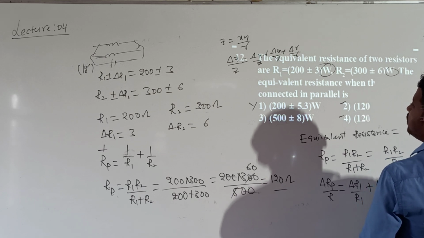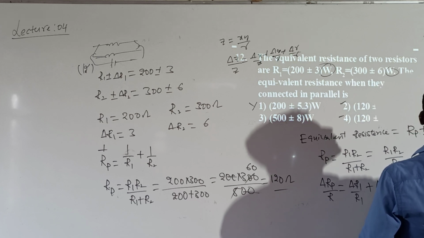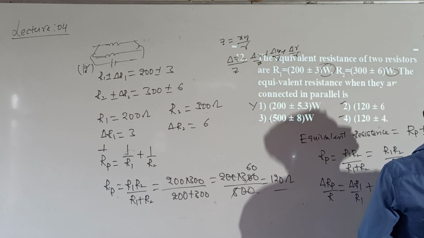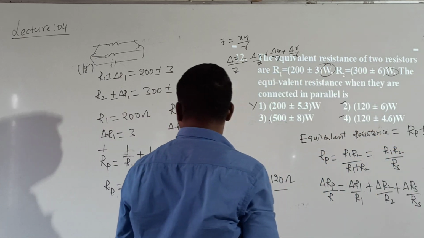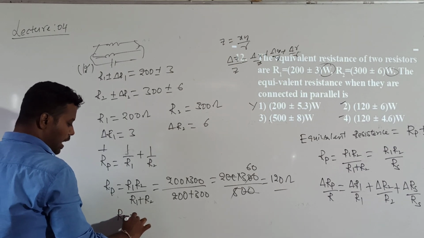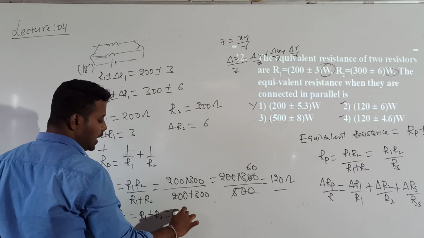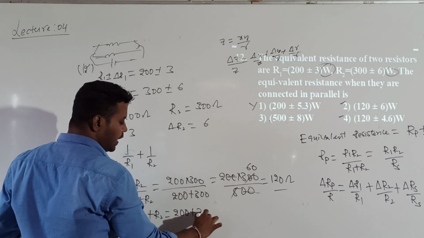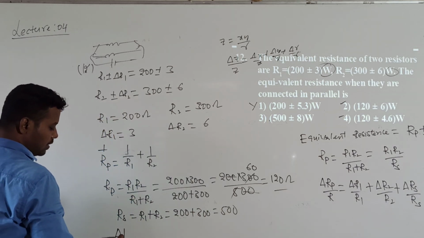Delta R2 value is 6, divided by R2, how much? 300. Plus delta Rs, how much? Actually, what is Rs? Rs is equal to R1 plus R2. R1 value 200, R2 value 300, which is 500.